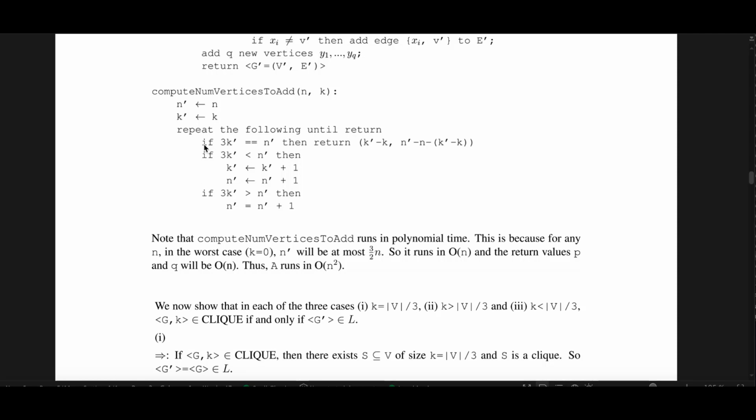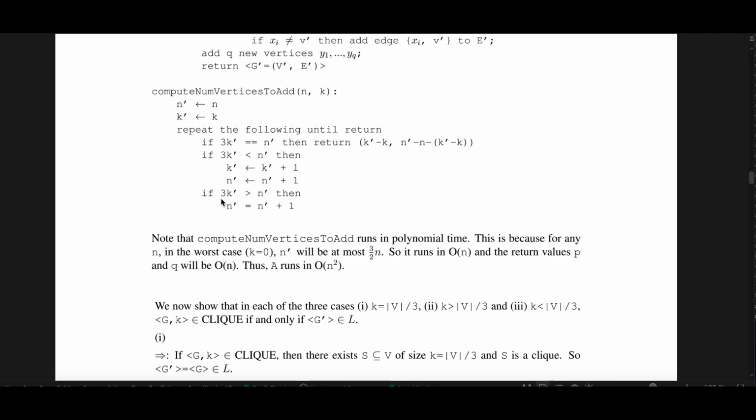We repeat the following until we return. If 3k plus equals n plus, then return k plus minus k, n plus minus n, that is the difference between k plus and k. If 3k plus is smaller than n plus, then k plus is increased by 1.